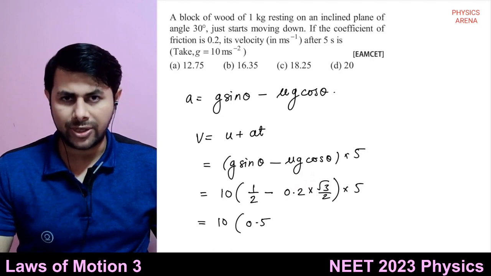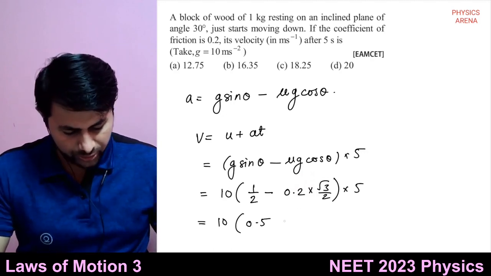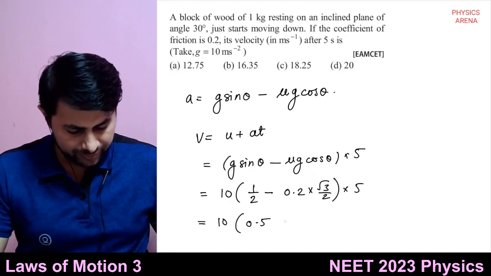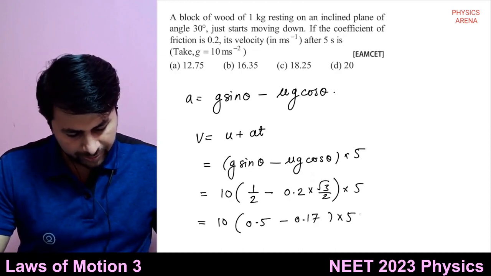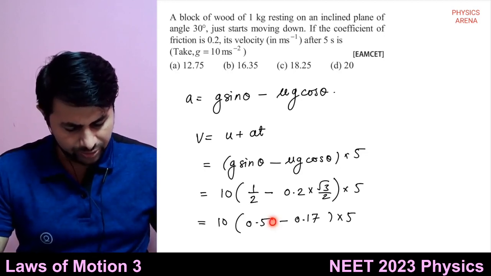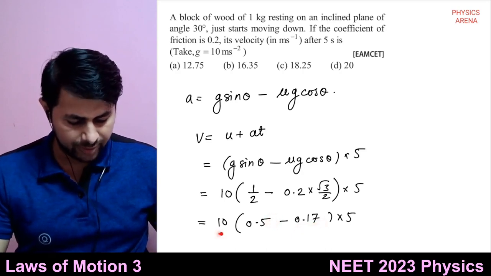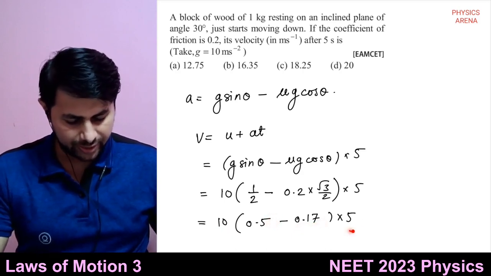Root 3 is 1.73 multiplied by 0.1 is 0.17. So 0.50 minus 0.17, so 0.33 multiplied by 10, 3.3 multiplied by 5.